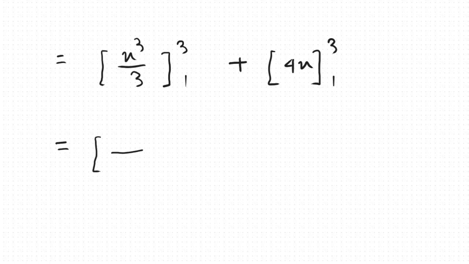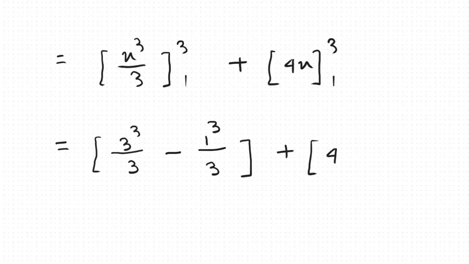In the first we can put 3 cubed by 3 minus the value of the lower limit, which is 1 cubed divided by 3, plus 4 into 3, the upper limit, minus 4 into 1, the lower limit.